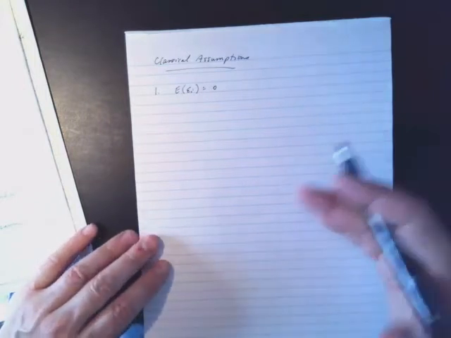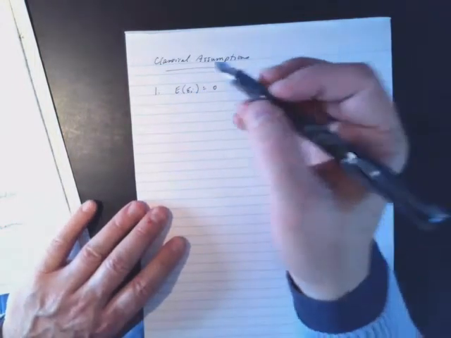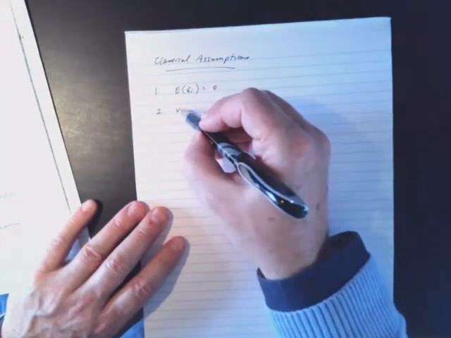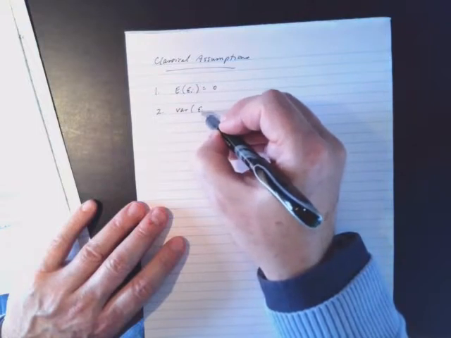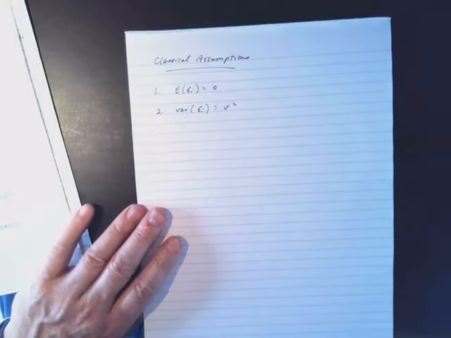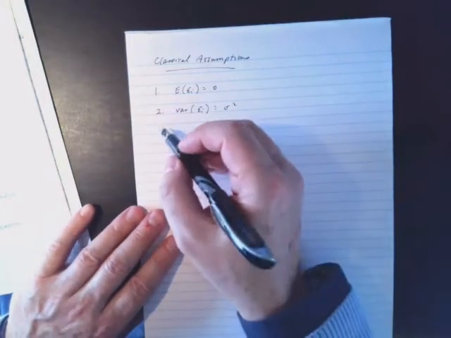So we still assume that the errors fall equally above and below the regression line. We're not making a systematic error in how we construct the model. Another assumption is that the variance of the error term is a constant, which again we call sigma squared. So same as before, same assumption as before.